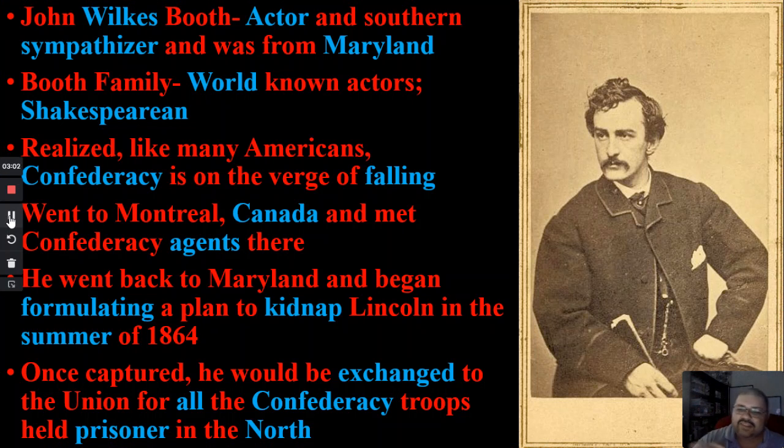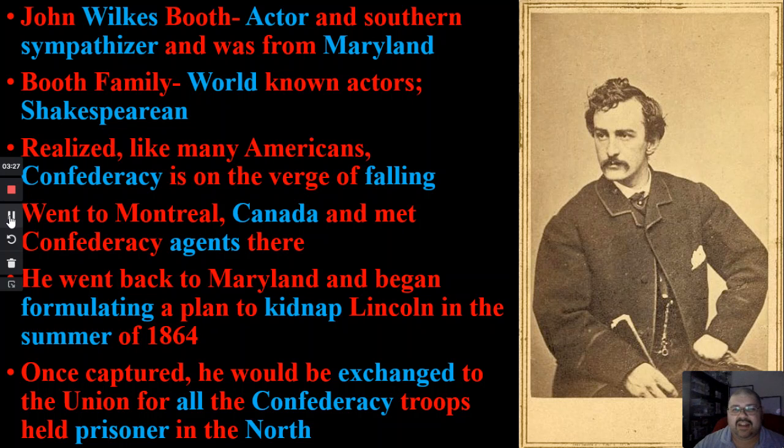So, the guy you see in that picture right there is John Wilkes Booth. He was a very famous and successful actor at that time. He was also a Southern sympathizer. What that means is he believed that the North, the Union, was basically being kind of like a Karen to the South. He was like, why are you, the Union, telling the Southern people how to live their life?